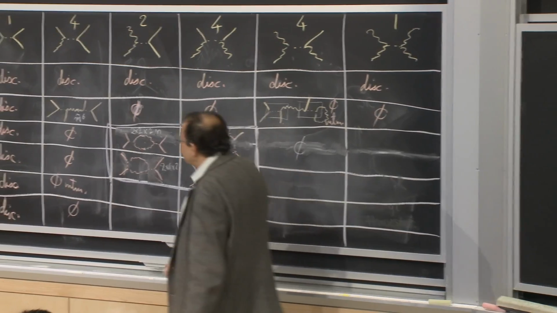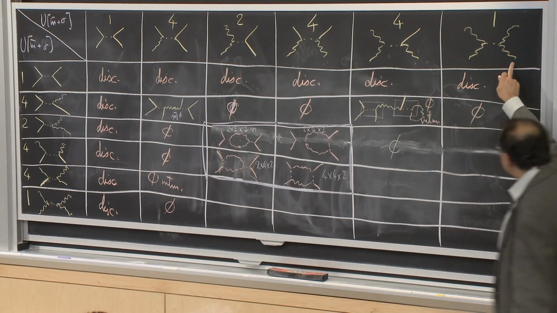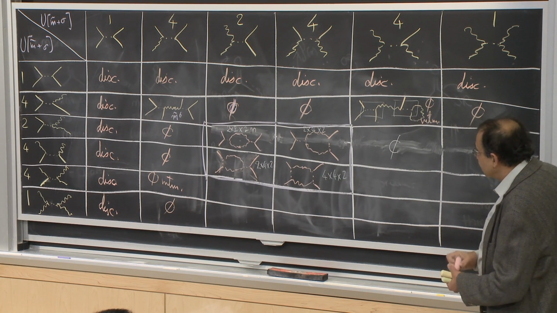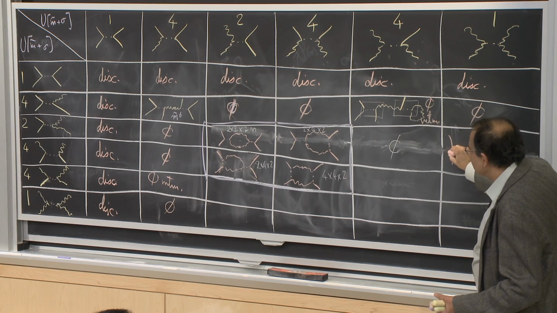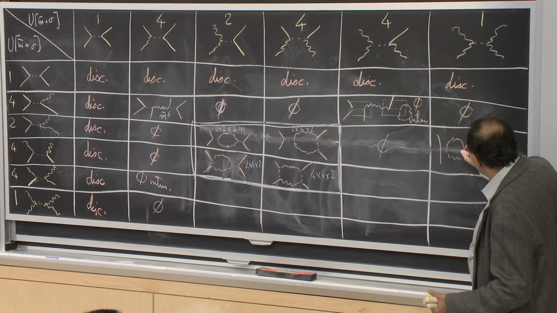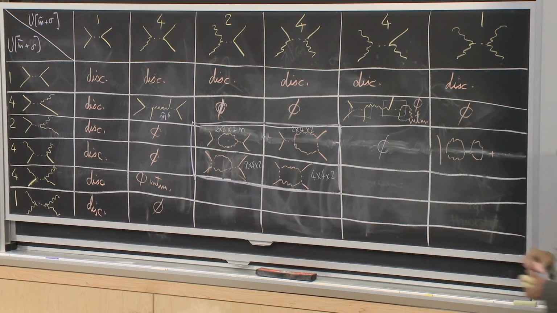If I take this term with 2 hands, join this thing with 4 hands, I will generate a bunch of diagrams, including, for example, this one. I can do this. There are other diagrams also.